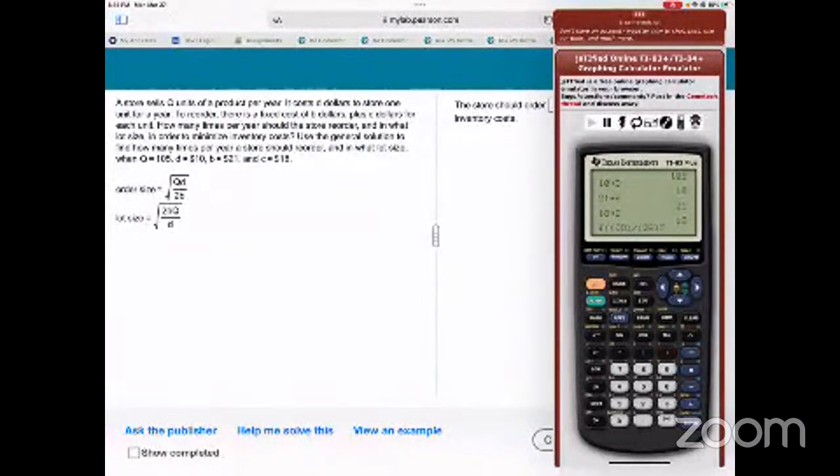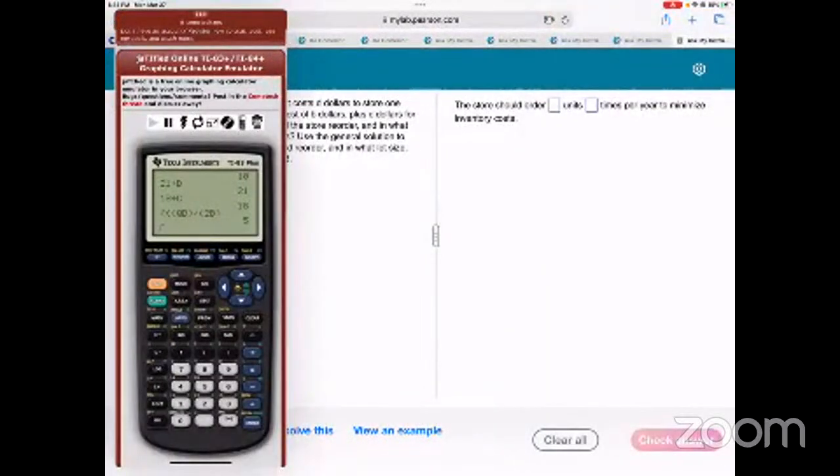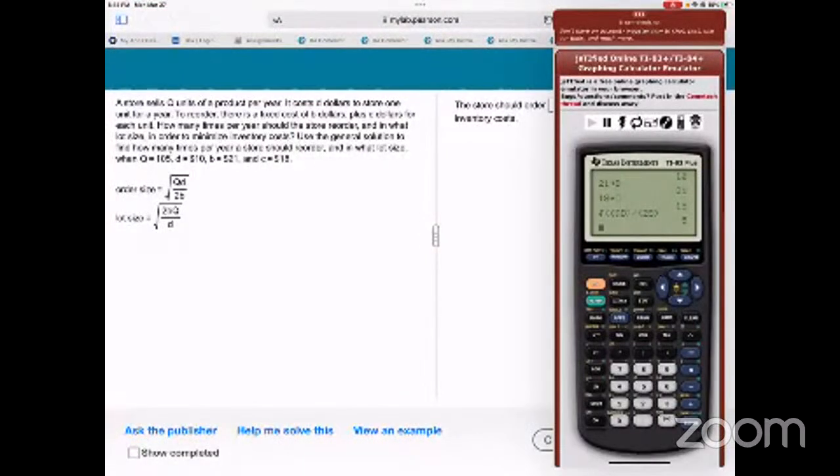And we get 5. So I'm going to put a 5 here. Well, I'll put 5 there in just a moment. And then for the lot size, I'm just going to say the square root. I'm basically just plugging all this stuff in. The numerator is 2 alpha B, alpha Q, divided by the denominator is just D, alpha D. Okay, close out the square root.